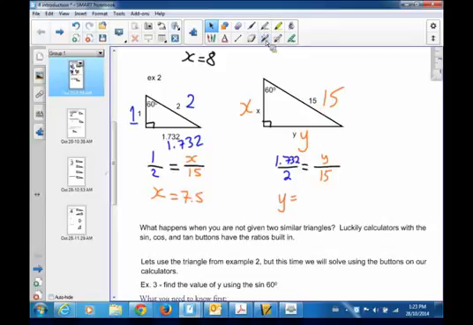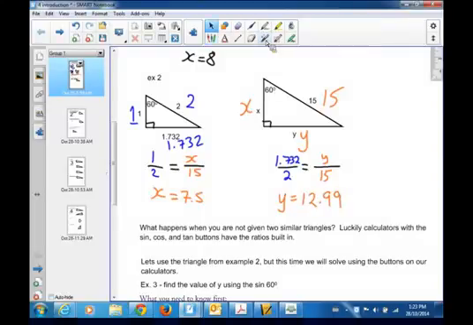She said 15 times 1.732. And it isn't 12.99. Oh, divide by 2 then. Yeah. 15 times 1.732 divided by 2, and it's 12.99. Thank you, Peter.